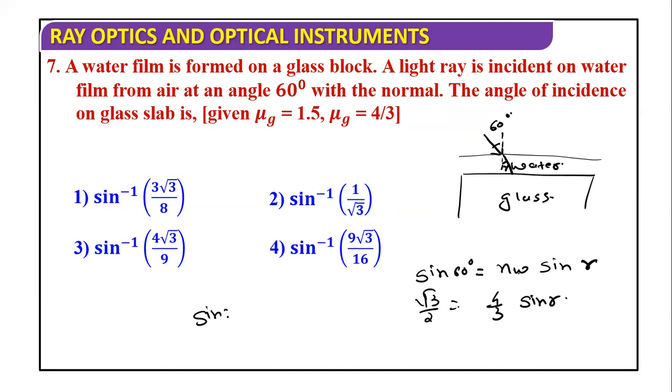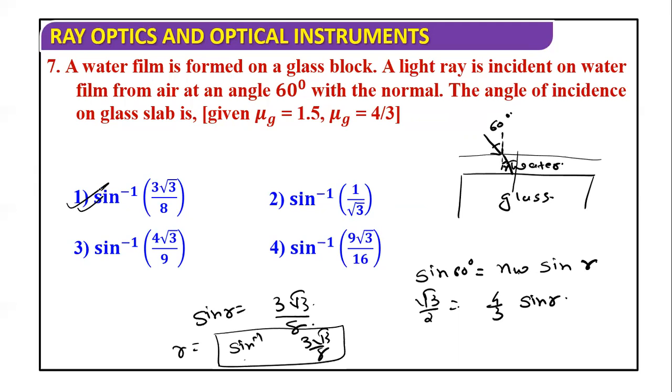So sine r is equal to 3√3 divided by 8. So r is sine inverse of 3√3 divided by 8. This is the angle of refraction. The same angle will be made with the normal at the glass. So the first option is correct.